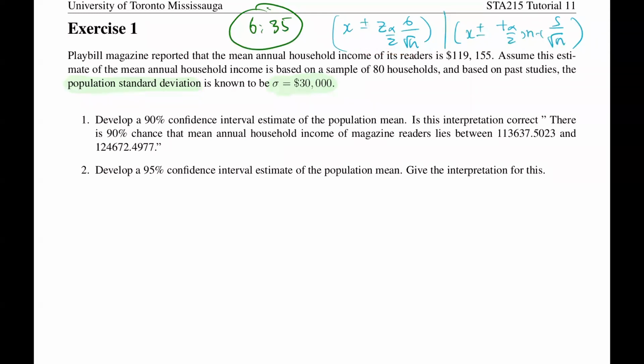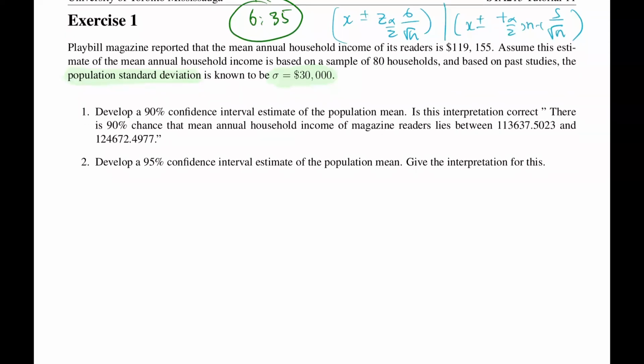What I normally do is summarize what kind of information I have. Here I know that the mean is this one. This is a sample mean, obviously, because the magazine reported the mean of its own readers. So we have sample mean 119,155.